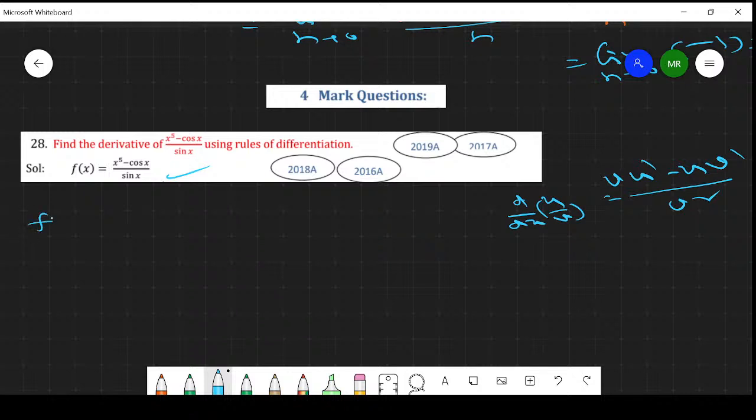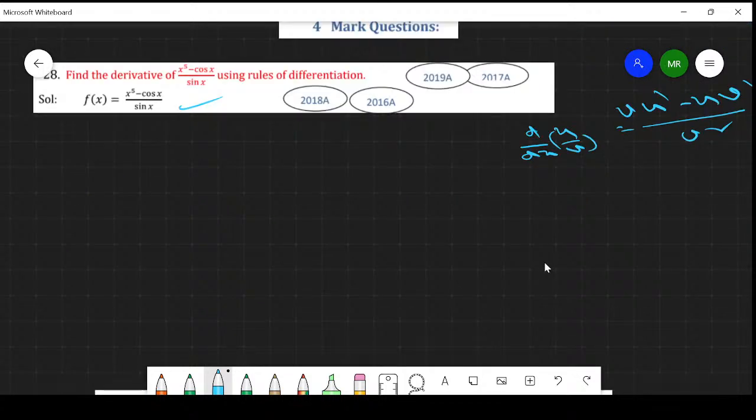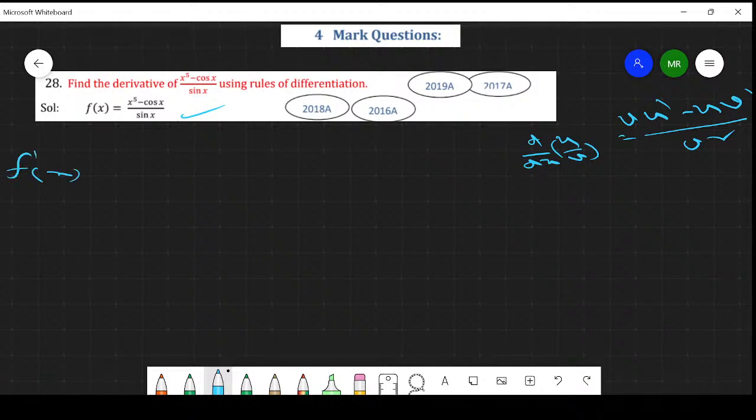Same thing I can write: f dash of x equal to, in the denominator v square, where v is sin x, so sin x whole square.